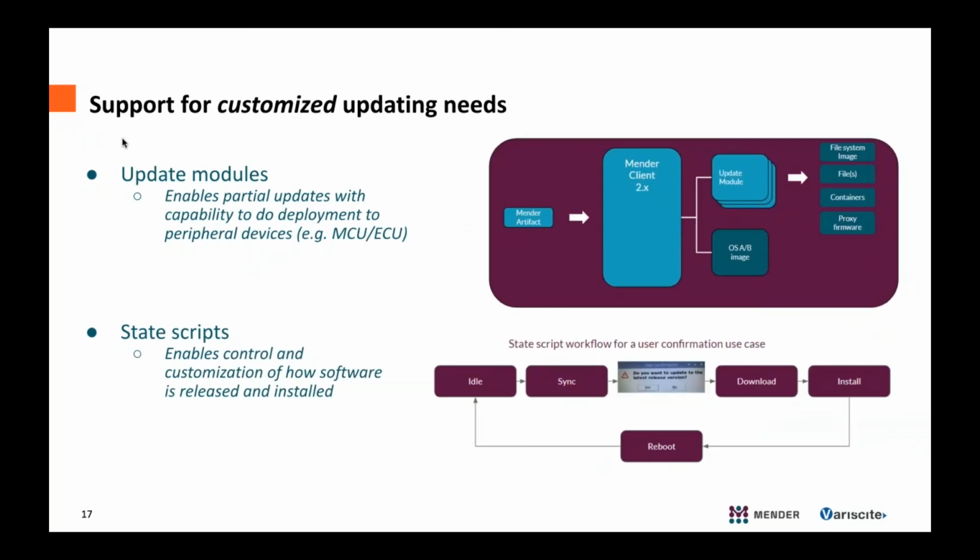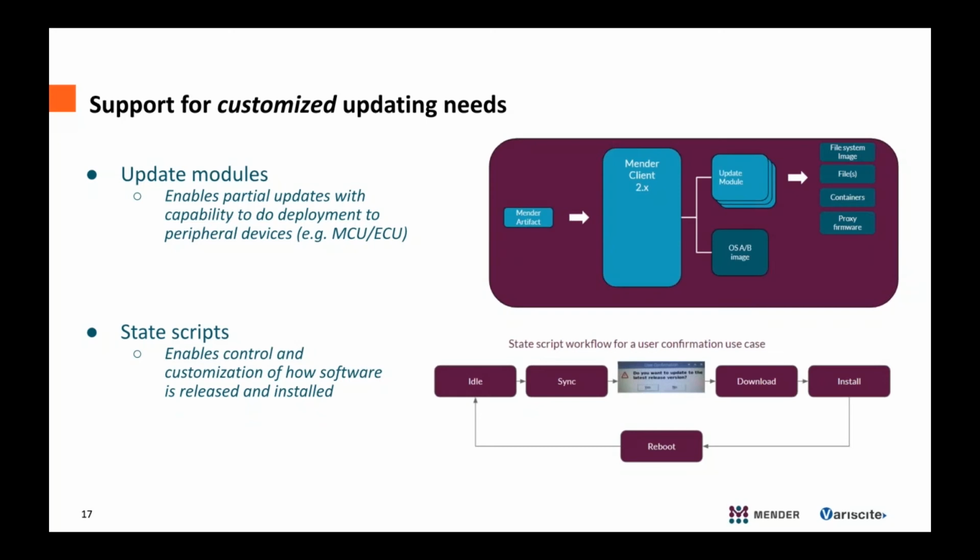In terms of customizing the Mender workflow to your specific application, we have two main components that can handle that. The first one is the update modules, and this is how we accomplish what I discussed previously in terms of handling custom payload types. So this is essentially a plug-in architecture that allows Mender to handle payload types that it doesn't really know anything about.